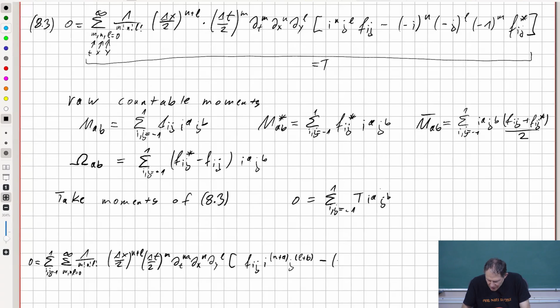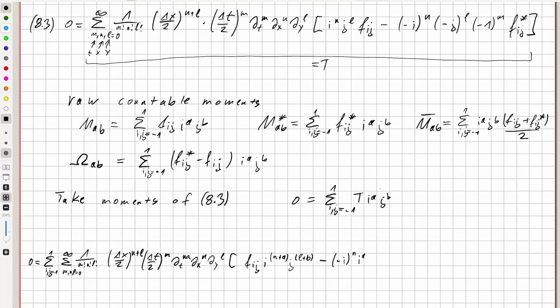And the same thing goes in the other direction too. Here we have minus i to the power of n, and we have i to the power of a. So there's a minus here in front. Then we have minus j to the power of l and j to the power of b, and then we have minus 1 to the power of n, f_ij after collision.